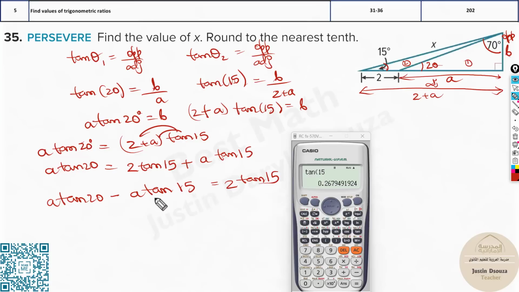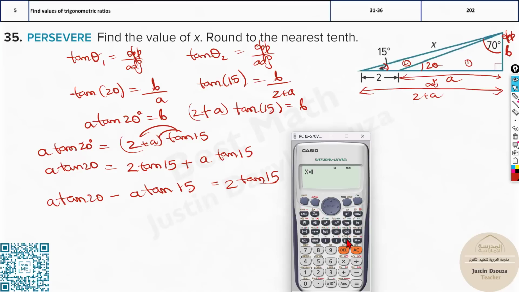Now you can solve it in the calculator and then solve it up, or you can just put this entirely in the calculator as well. What I'm saying is, you can evaluate tan 20, tan 15 and this entire thing in the calculator on the right side, then divide by that number and solve it. But instead of all that mess, I'll just put this entirely in the calculator.